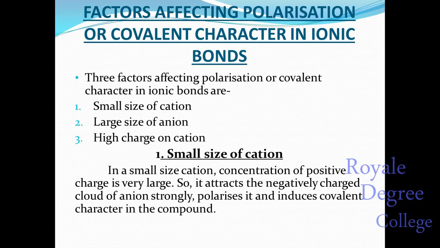So we'll see first of all about the small size of cation. In a small size cation, concentration of positive charge is very large. So it attracts the negatively charged cloud of anion strongly, polarizes it, and induces the covalent character in the compound.